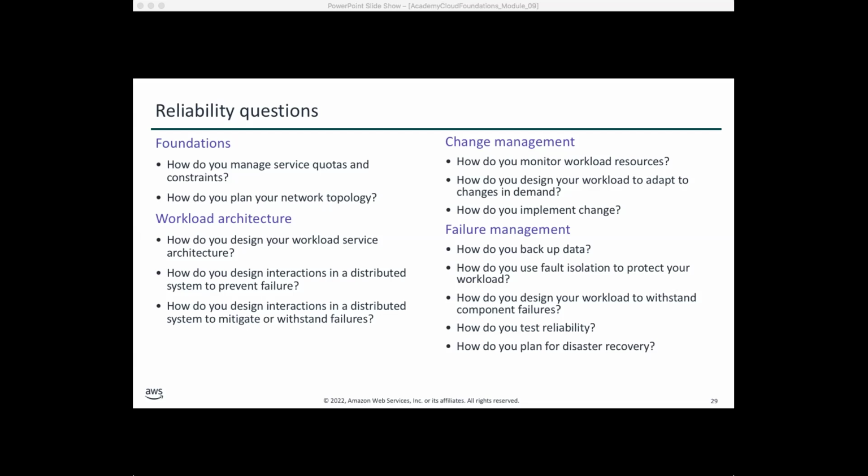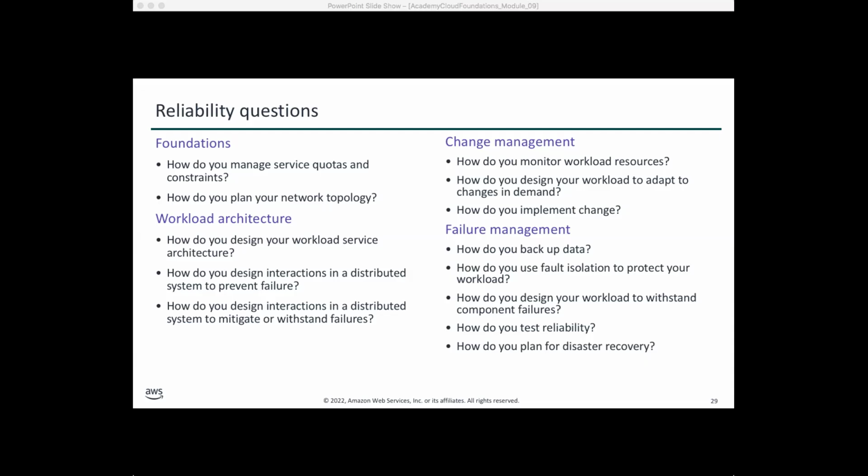How do you plan your network topology? That's for foundation. How do you manage service quotas and constraints? Next, workload architecture. Within workload architecture, how do you design your workload service architecture? How do you design interaction in a distributed system to prevent failure, and so on.